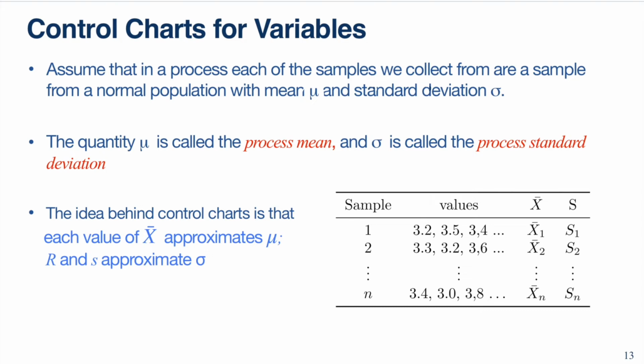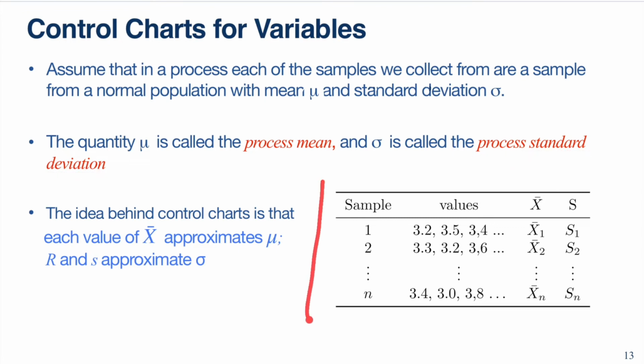Control charts for variables. Assume that in a process, each of the samples is from a normal population with mean mu and standard deviation sigma. The quantity mu is called the process mean and sigma is called the process standard deviation.